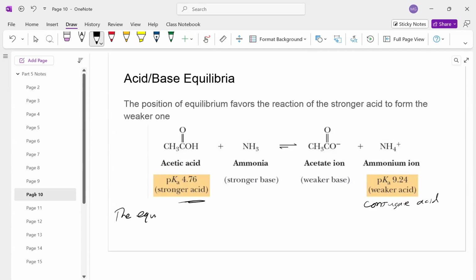The equilibrium lies away from the stronger acid, which kind of makes sense. The stronger acid is the one that wants to dissociate more. And so this equilibrium is product favored because acetic acid has a lower pKa.